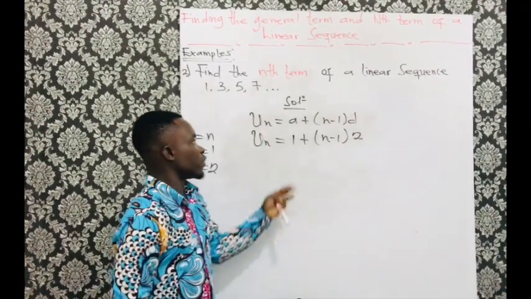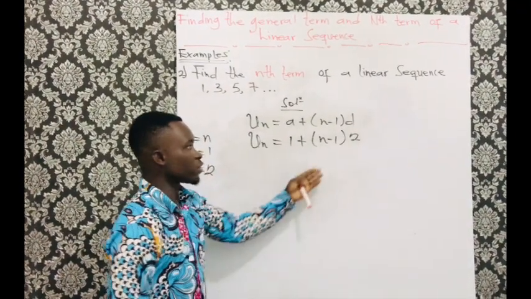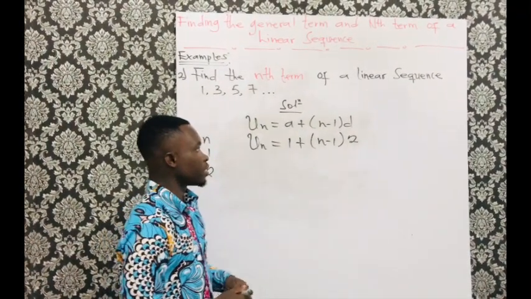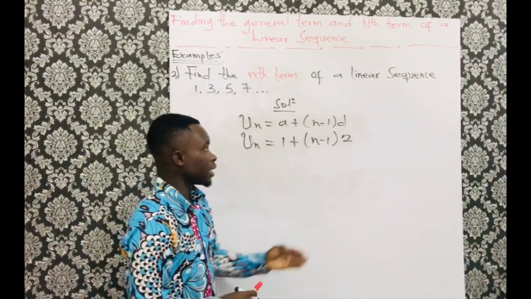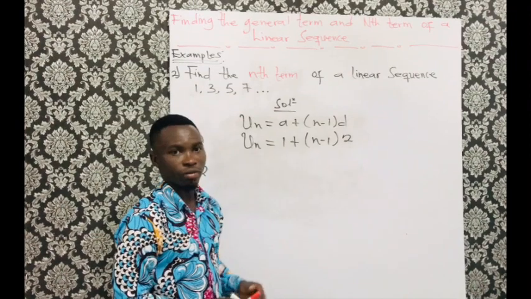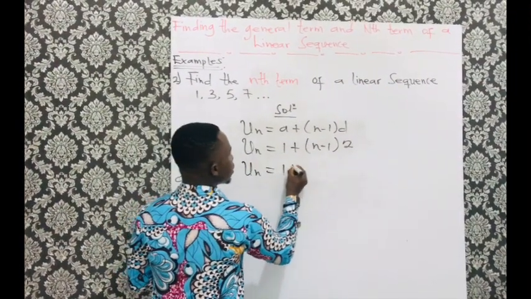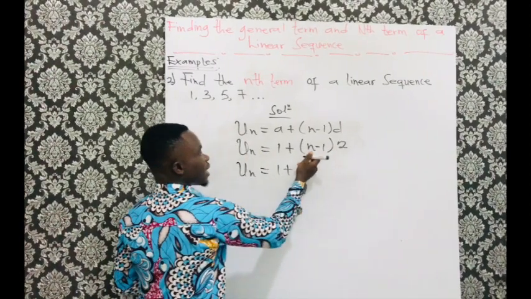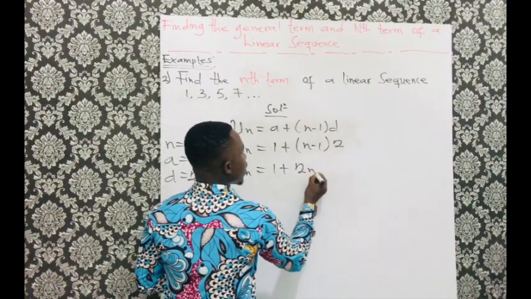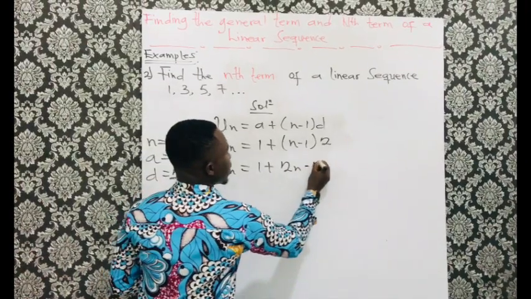Now we solve the resulting equation. We have a bracket over here. So we have to expand to remove the bracket. To expand to remove the bracket, the number outside the bracket will multiply each of the numbers inside the bracket. So we have un equal to 1 plus 2 times n gives us 2n. 2 times minus 1 gives us minus 2.